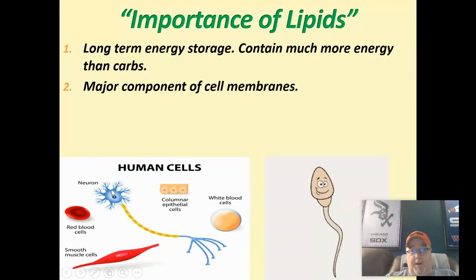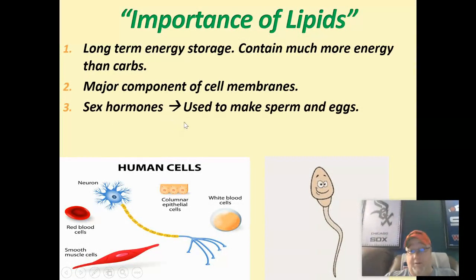So for example, when your nerves are sending information from one part of your body to the next, it travels along this pathway, and it's actually insulated by that fatty coating. So that's actually a really important thing. If we didn't have that fatty coating, then our nerves couldn't communicate with other parts of our body, and that would be very difficult.